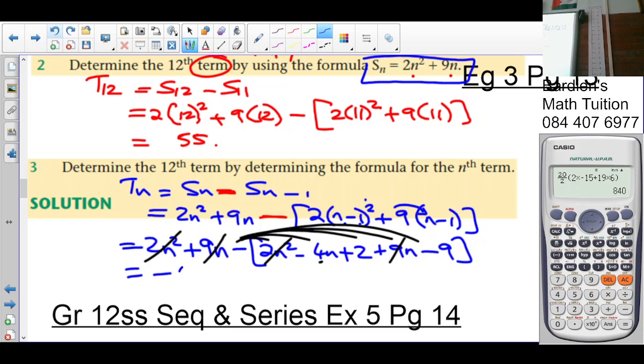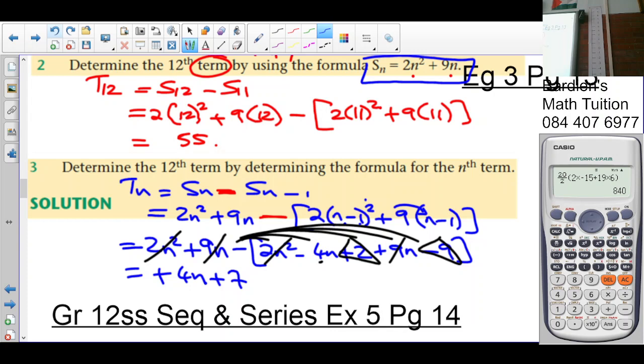Negative 4n becomes positive 4n, and 2 minus 9. What's 2 minus 9? Negative 7, and negative times negative gives you positive 7. And is that what we had earlier on?